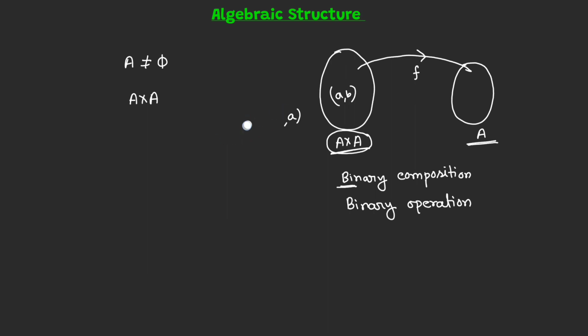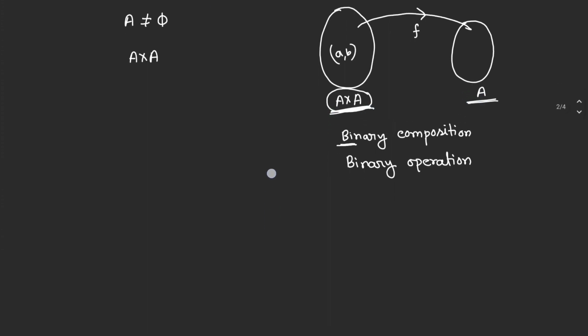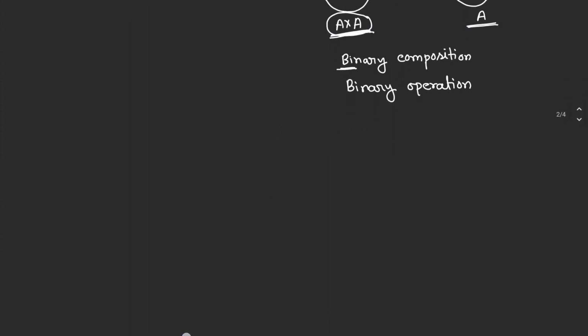So what is binary composition? Binary composition is basically a mapping from the set A cross A to the set capital A. So what will be the definition? Let capital A be a non-empty set.